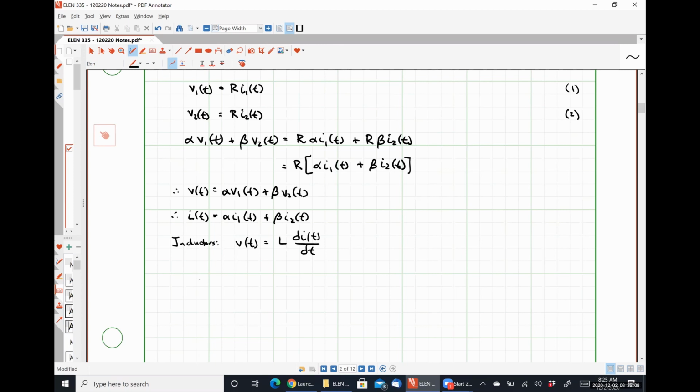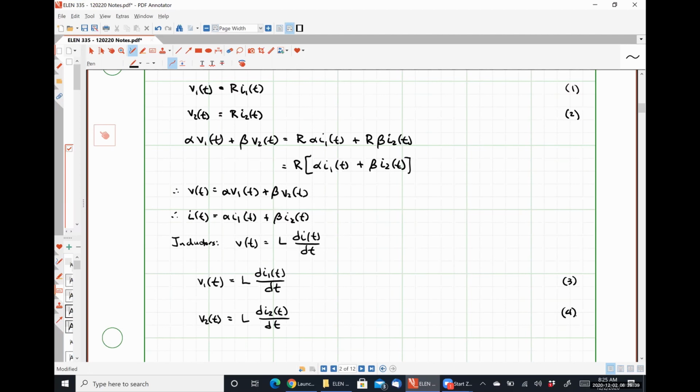So let's say that we have an output V1 of t from a corresponding input L multiplied by dI1 by dt. Call this equation 3. And our output V2 is because of an input L times dI2 by dt.